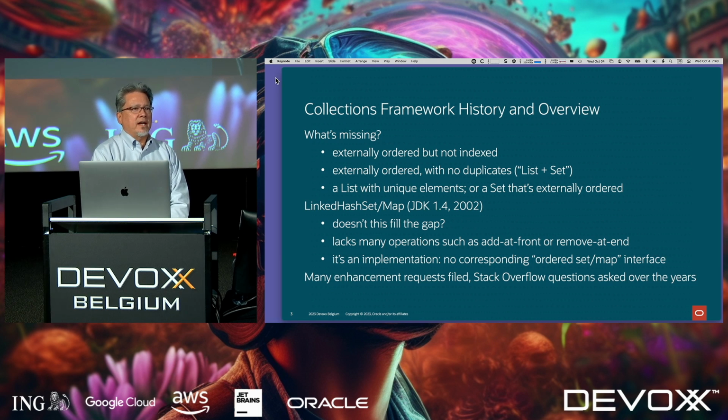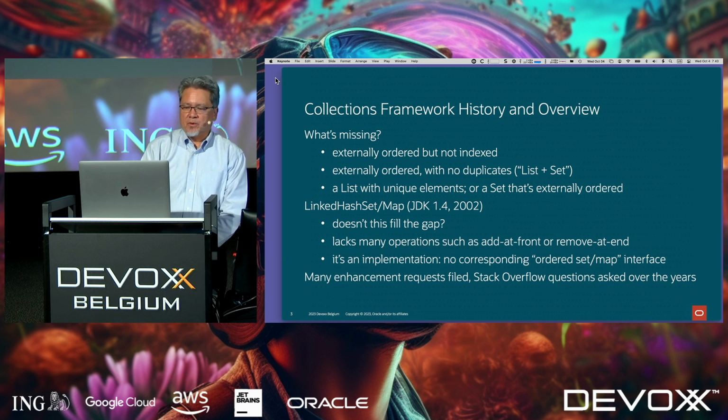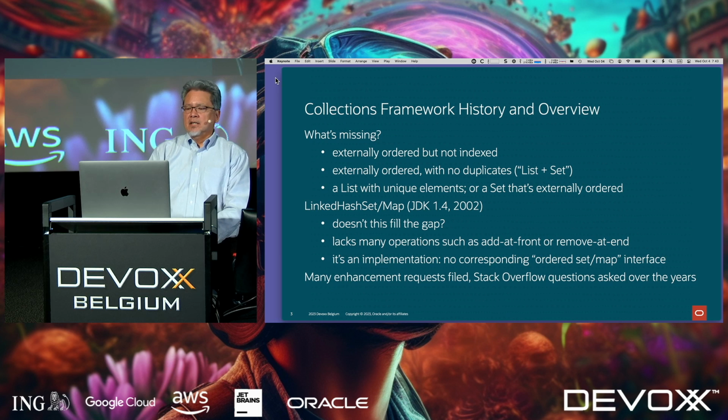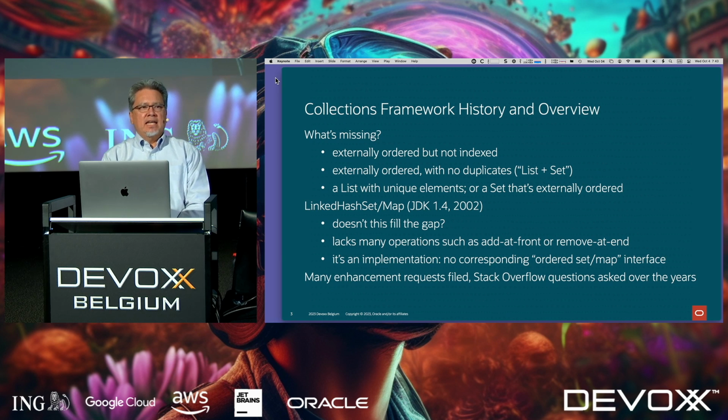That is, the order it maintains is the order in which elements were inserted into the set. So that's good, but it's not really good enough because it's still lacking a whole bunch of operations. Like you can't add something to the front of a LinkedHashSet, and you can't remove things from the end of a LinkedHashSet.